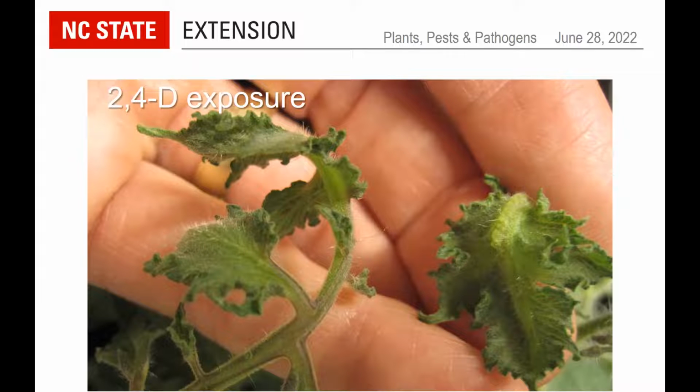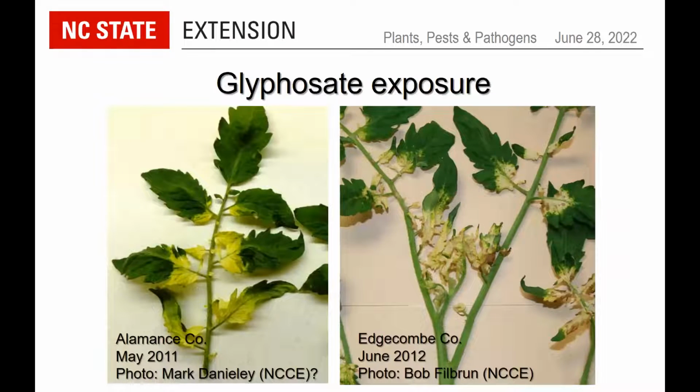With the other most common herbicide culprit, you see this classic bright yellowing of the bases of the leaflets. And this, of course, is from glyphosate, which is not just found in Roundup anymore, but a lot of different other products. It's off patent, and tomato is very sensitive. So you may have some tomatoes that were just exposed by drift, let's say.